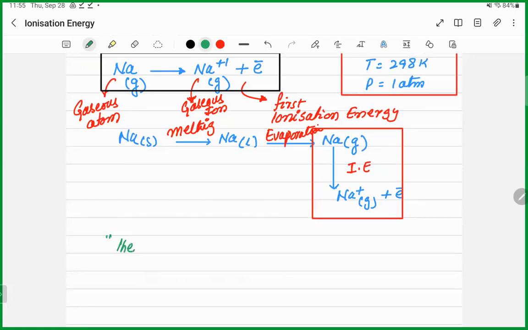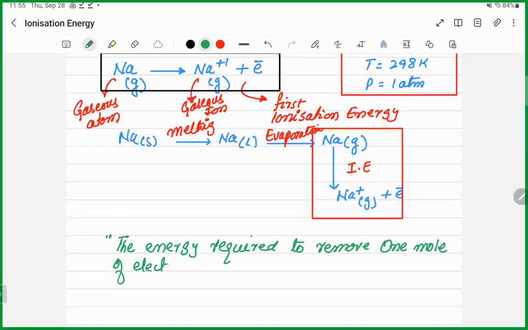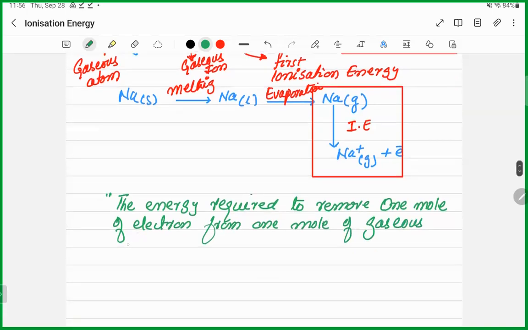The energy required to remove, instead of writing one electron, I'm going to write 1 mole of electrons, from 1 mole of gaseous atoms. You have to write down the physical state.